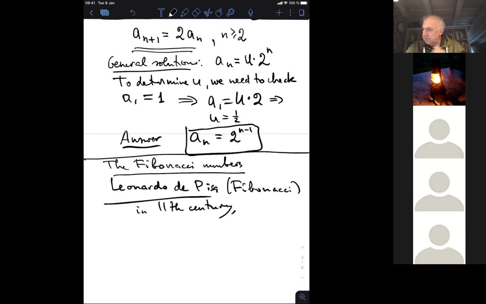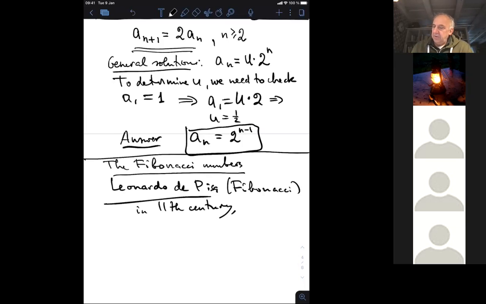In particular, I don't quite remember why he introduced this sequence of numbers, which I'll discuss. His motivation was something about rabbits, how many rabbits you'll get if just one pair of rabbits starts, and then they produce one baby or whatever every third month, and so on.